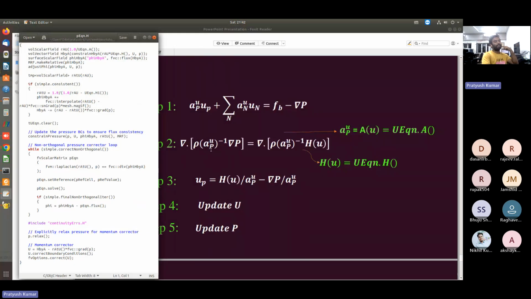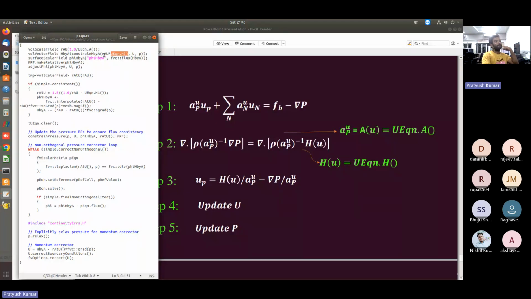Since we are calculating the inverse here, rAU equals 1 upon UEqn.A. Okay, as I told you, that term H(U) is equal to the b minus all the terms of the neighboring terms. That H term we are calculating using this UEqn.H operator.